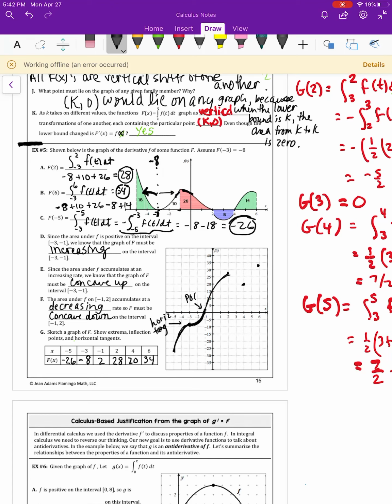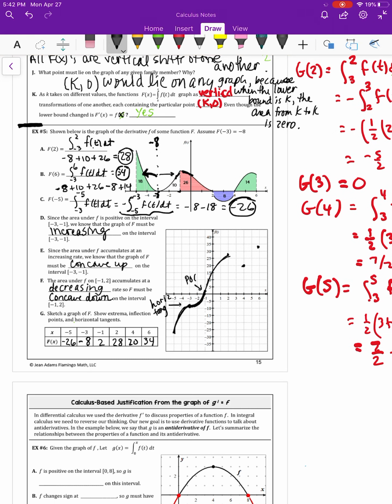And then over here between 2 and 4, it goes from being negative and it still is negative. So that's going to be one of those flattening out type things at 2, because it does not change concavity.